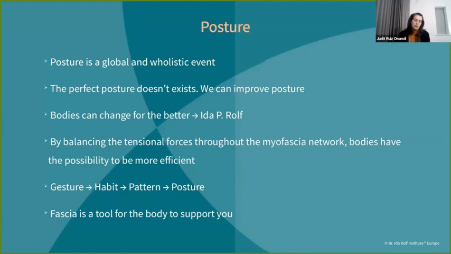Because if I don't really move and I have a sedentary lifestyle, what happens is that fascia starts to become more dry. And then the gliding capacity starts to be limited. So muscles cannot really glide on top of each other and everything becomes harder to move. Of course, we can work so that fascia becomes again hydrated and it becomes again mobile.